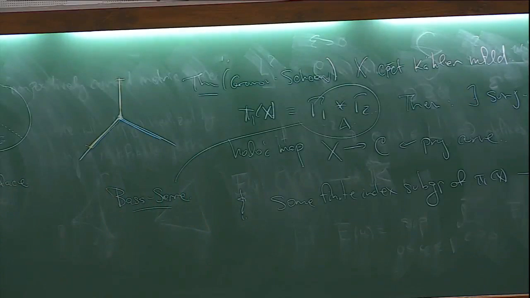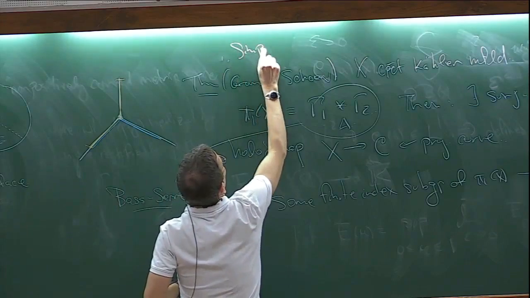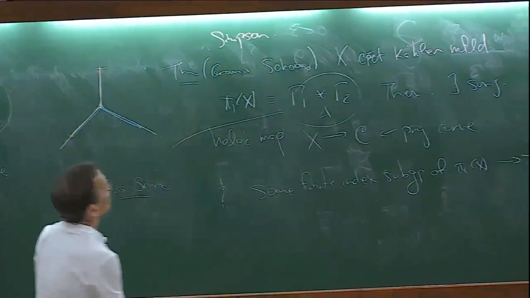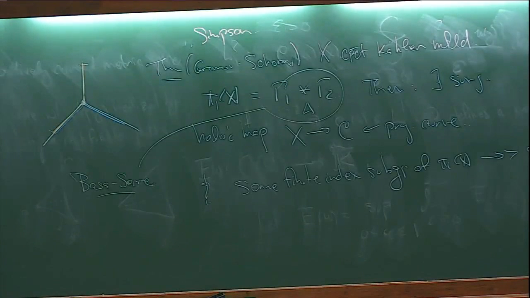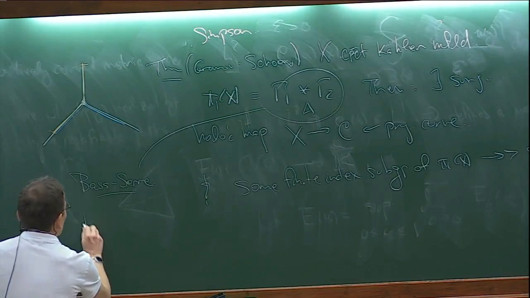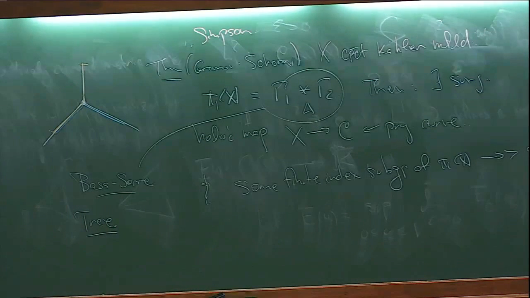So this is a rather long argument. I should also put Simpson's name here. He did it independently as well. But anyway, this is an application of harmonic maps to trees. So this is a tree, which is a special case of an NPC space.